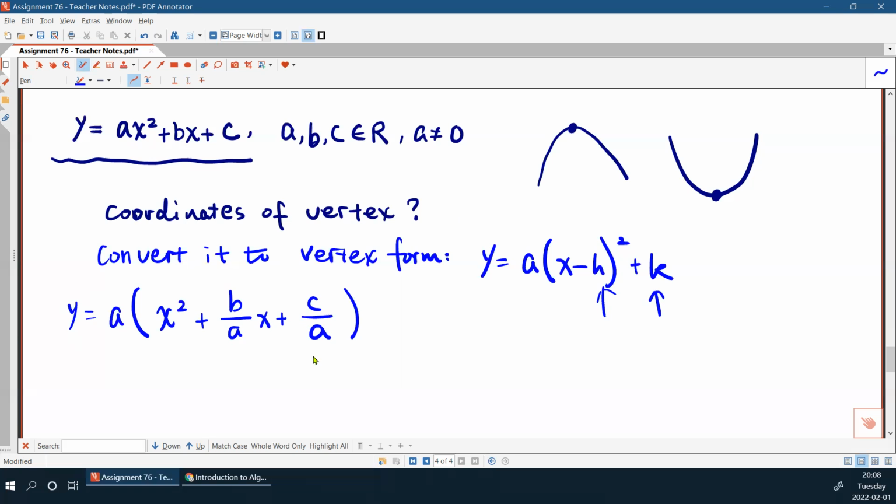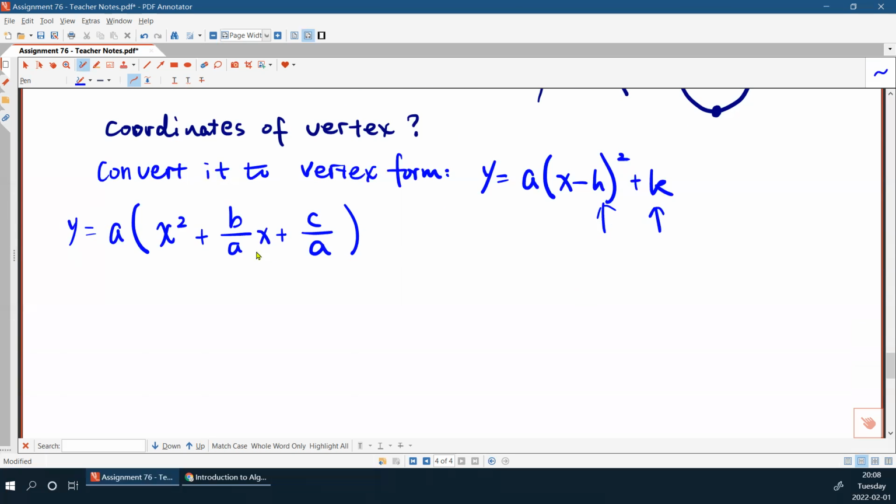Can you follow me? Yes. Okay, so can we rewrite the expression here as a squared binomial? That means something like m plus n squared. Can we do that? Yes, right?